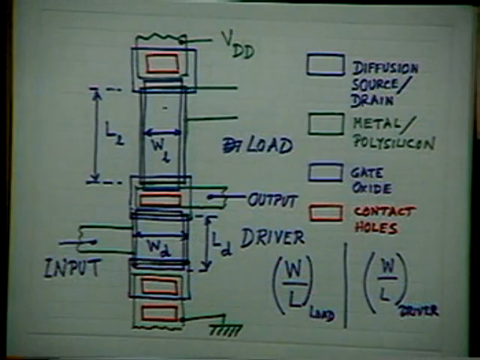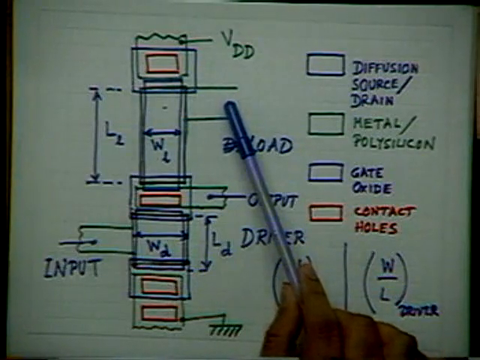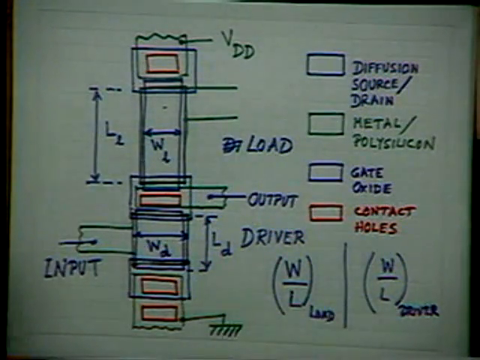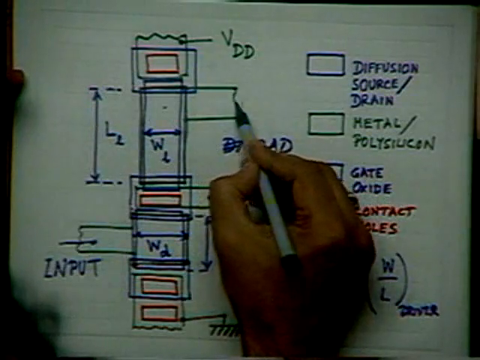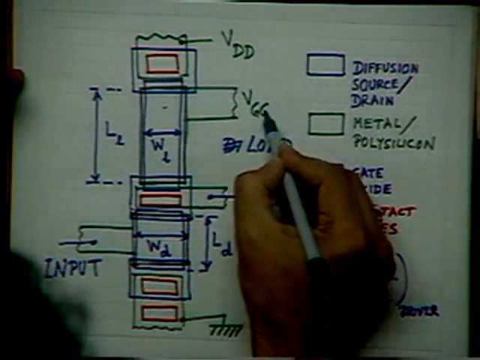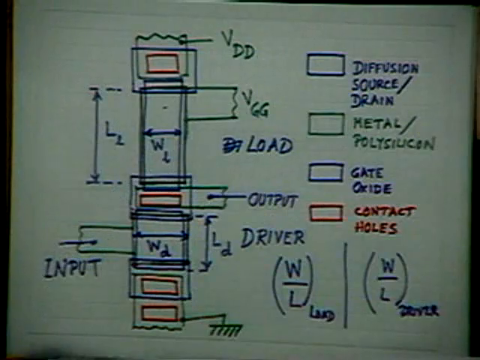On the other hand, if you want to keep this enhancement mode load transistor in the triode region, non-saturation region, or linear region, whatever you call it, there are three names for it, in that case we have to apply a separate power supply, this VGG, to ensure that the channel is always on.